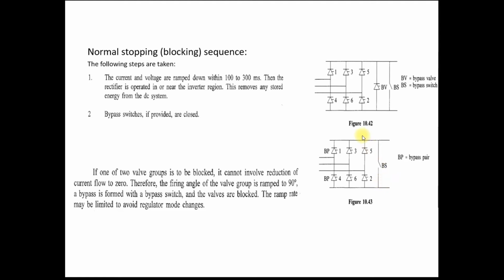So the valve blocking here is achieved by interruption of all the positive gate pulses provided to all the valves in the bridge. And why do we require this bypass switch and bypass valve here? When you suddenly remove all the positive gate pulses of all the valves, overvoltage is created because of sudden current extinction.